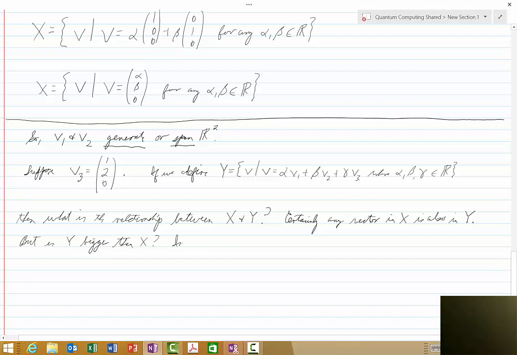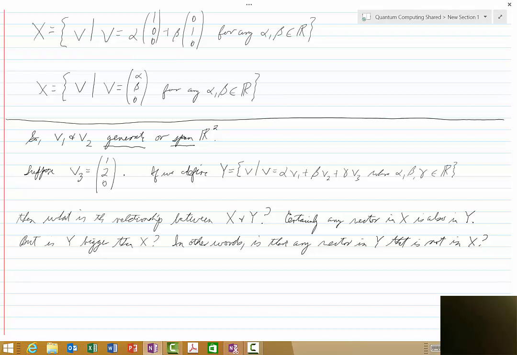In other words, is there any vector in y that is not in x? This is an interesting question. Is y bigger than x? We know that anything in x is certainly in y, but are there any things in y that are not in x?